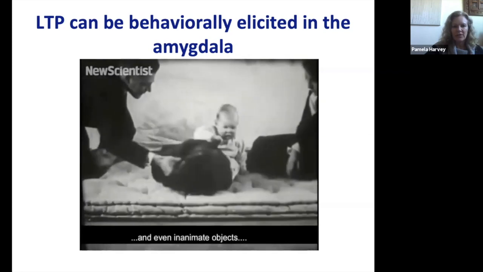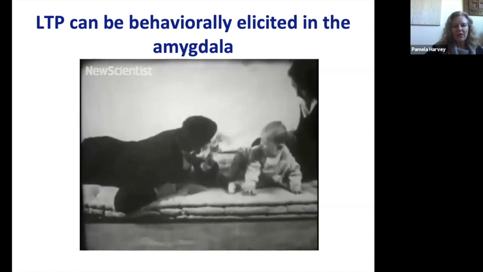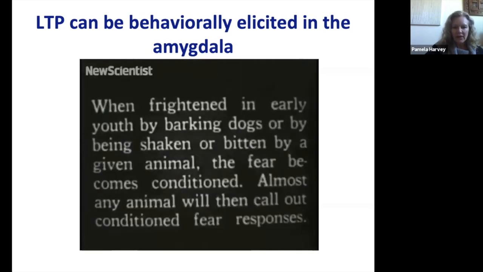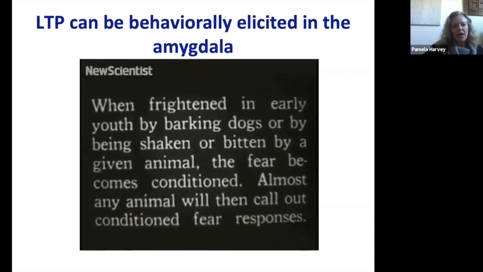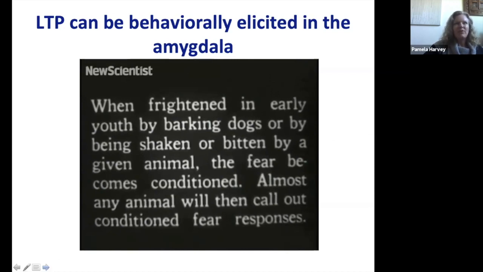This is a child who wasn't exposed to any animals. Anyway, it was a way to explain how somebody might be afraid of something when there isn't any reasonable reason to be afraid of that object or that animal.